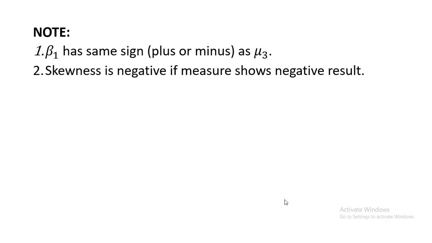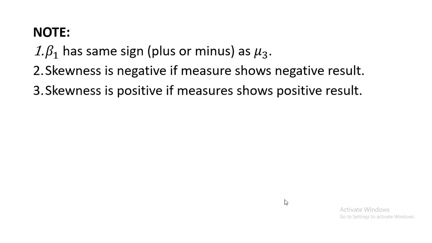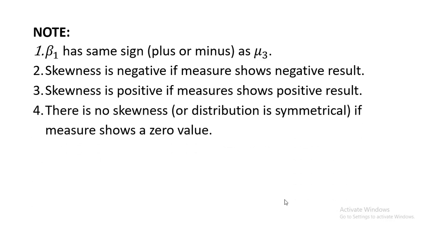Skewness is negative if the measure shows a negative result, and skewness is positive if the measure shows a positive result. There is no skewness, or the distribution is symmetrical, if the measure shows zero value.